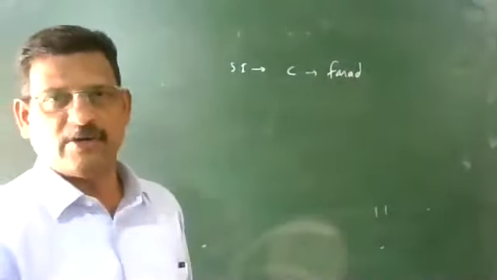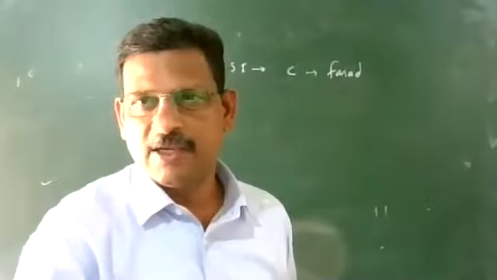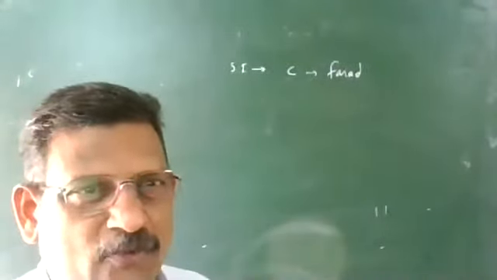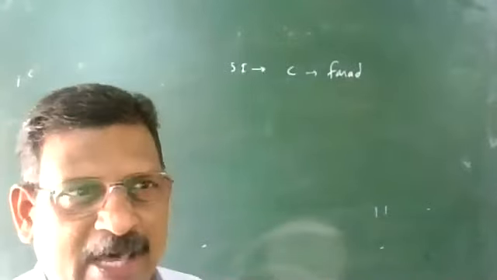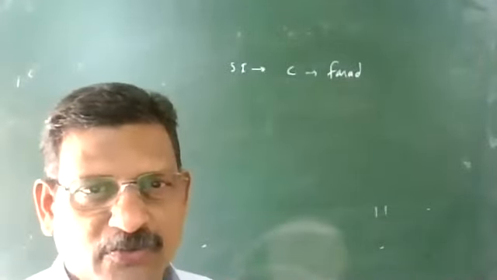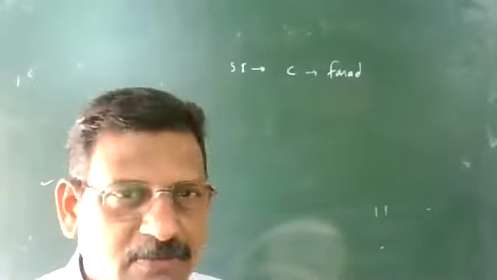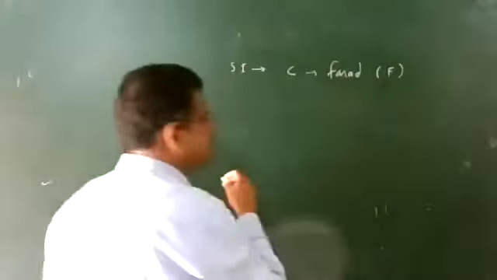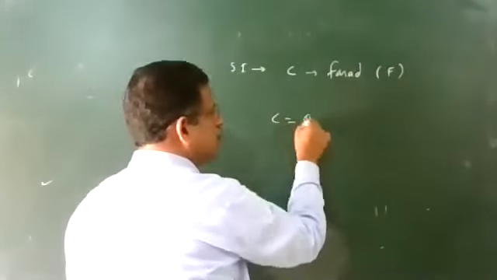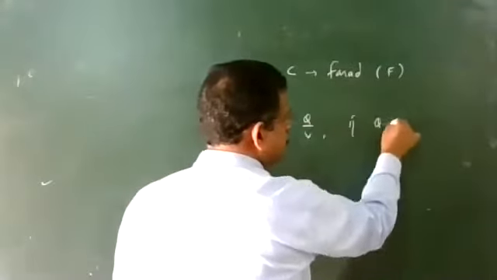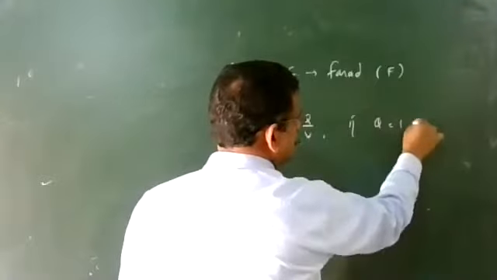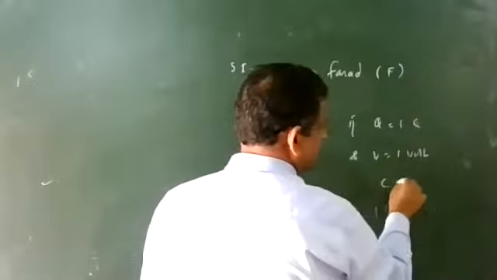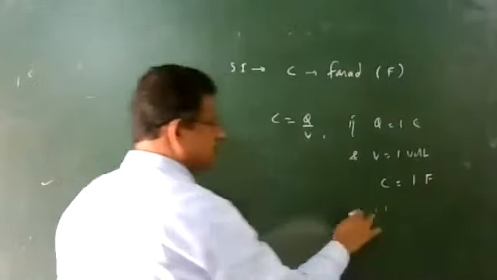Students often confuse this with Faraday. Does anyone know what a Faraday is? One Faraday is 96,500 coulomb of charge, which comes from Faraday's laws of electrolysis. Don't confuse this. This is farad, represented by F, the SI unit of capacitance. C equals Q by V. If 1 coulomb of charge increases the potential to 1 volt, then the capacitance is said to be 1 farad.